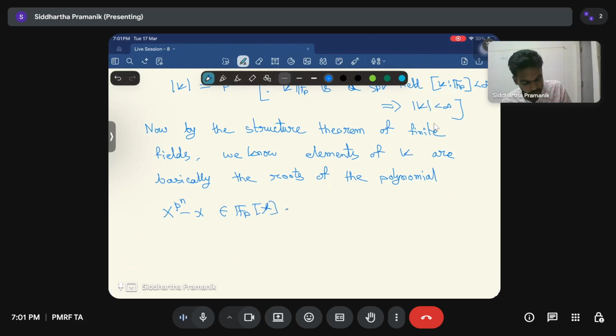Because this is how we have constructed finite fields. This is how we have proved the existence of finite fields.